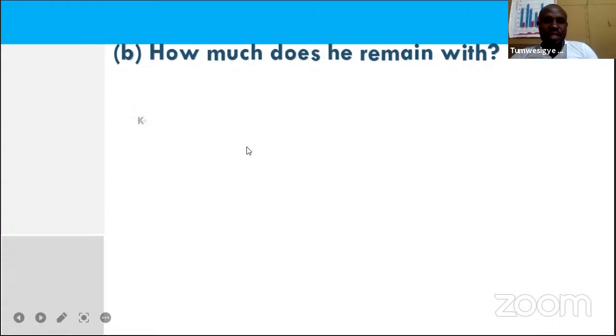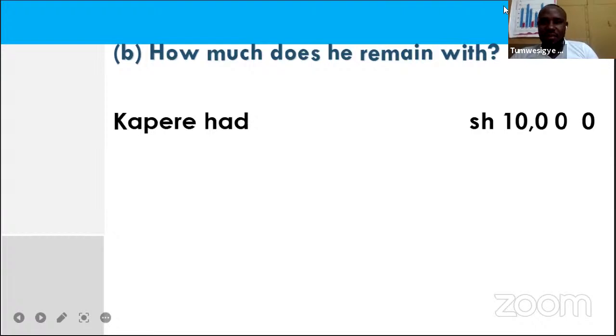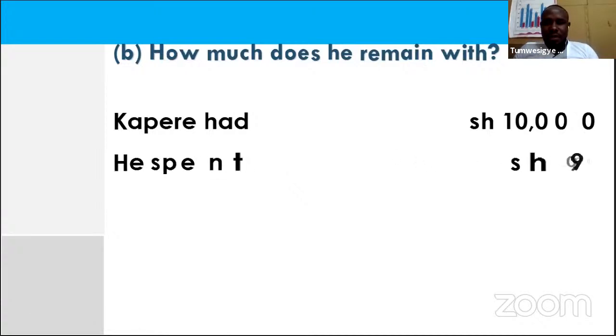So I'm going to write here Kapele had 10,000 shillings, as you can see there. Then Kapele spent 9,000 shillings. How much did he remain with?